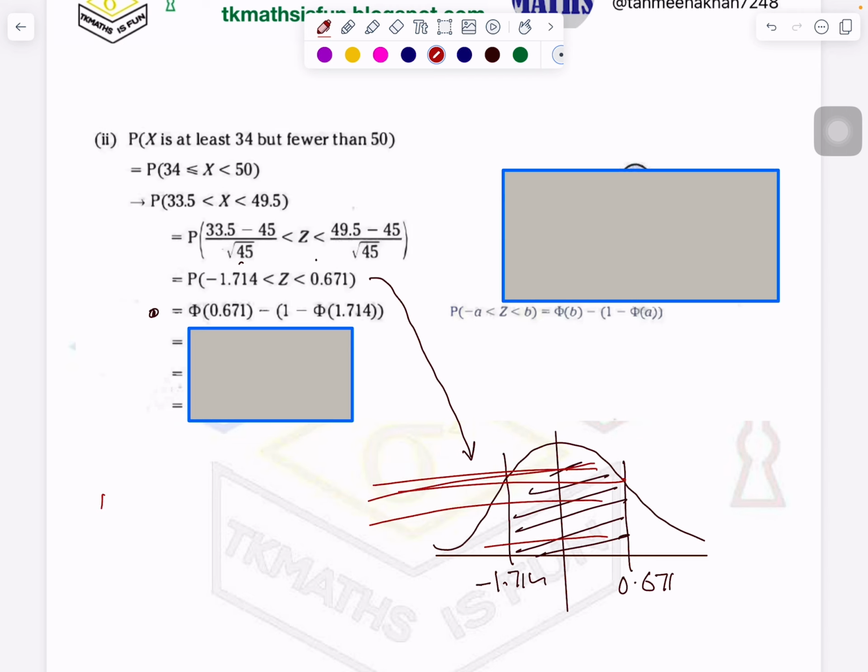Why? You will simply do probability of z less than 0.671, right? But what about this one? Because I have to minus this. From this whole red thing, I have to minus this part. So let me draw the diagram here separately.